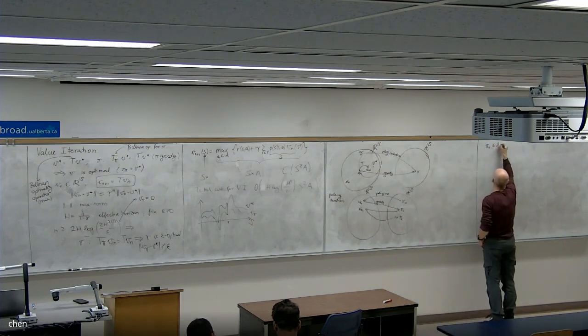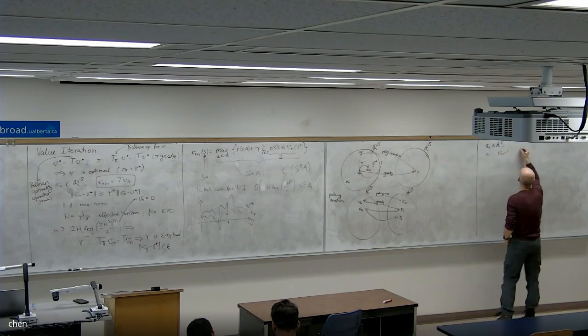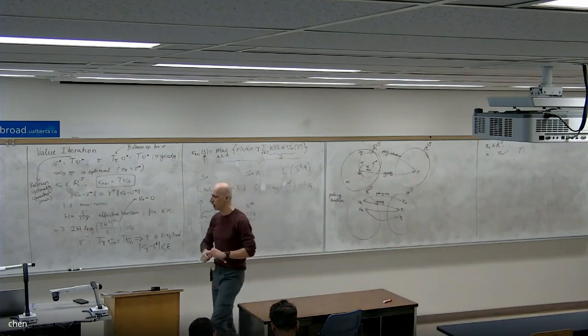We choose an initial policy. And in iteration n, what is the next policy? The next policy is going to be greedy. I used the notation before, so let me recycle that notation.